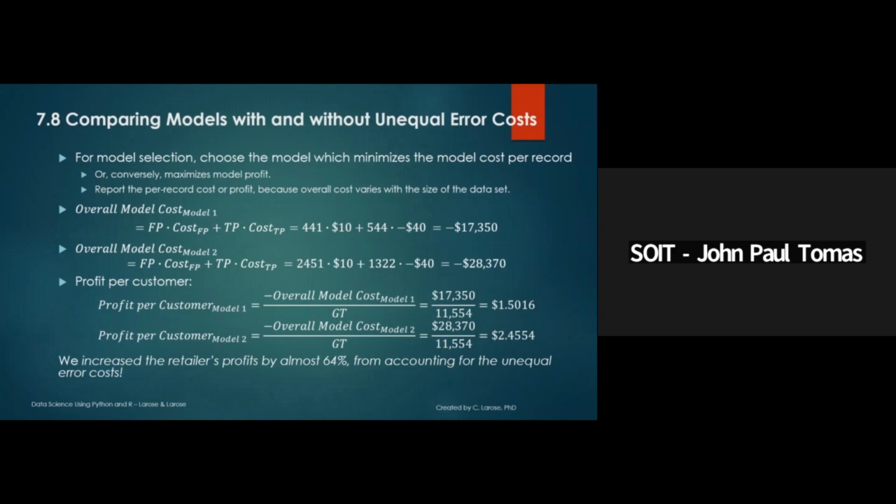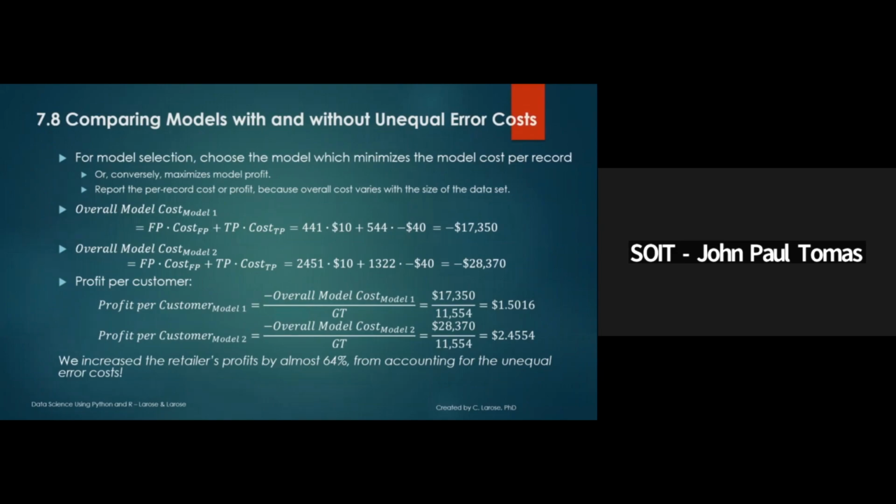The overall model cost for model 2, same formula, is 2451 multiplied by $10 plus 3122 multiplied by negative 40, which would be negative $28,370. That is the amount you'll be spending for each of the models.